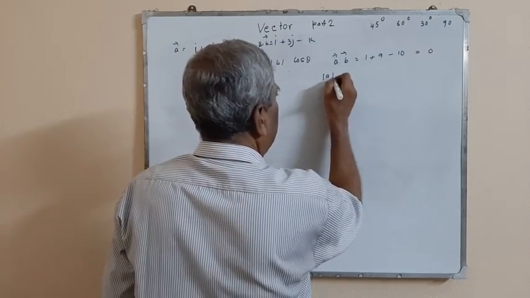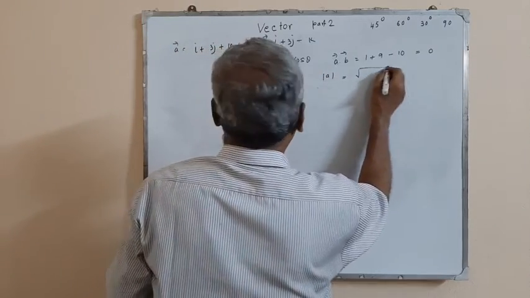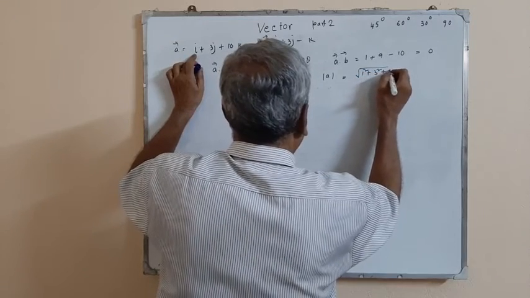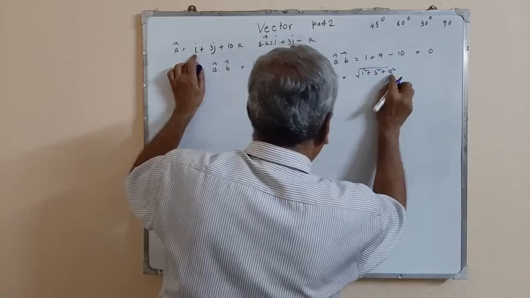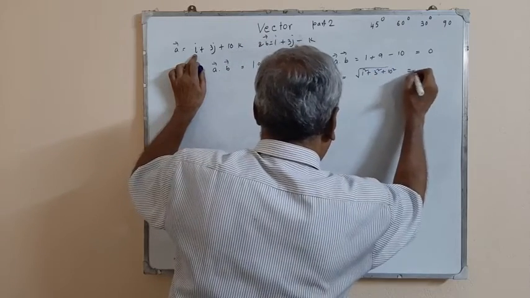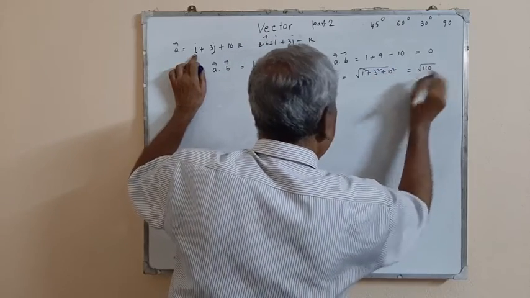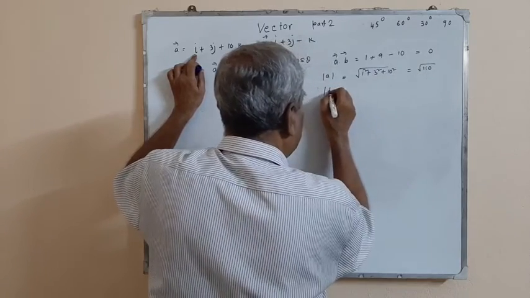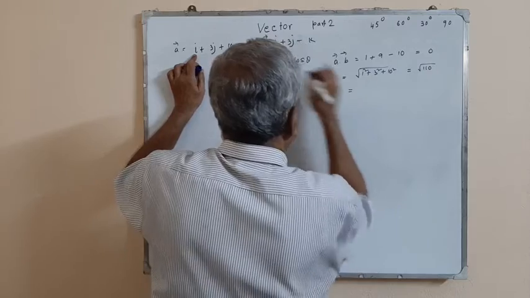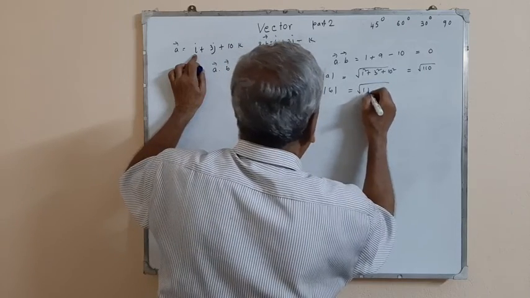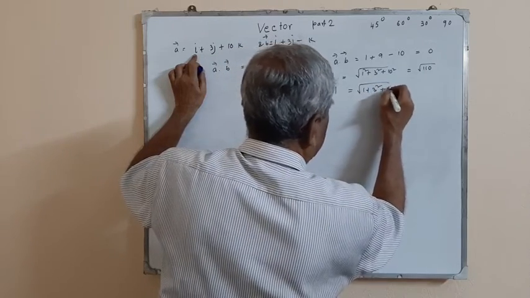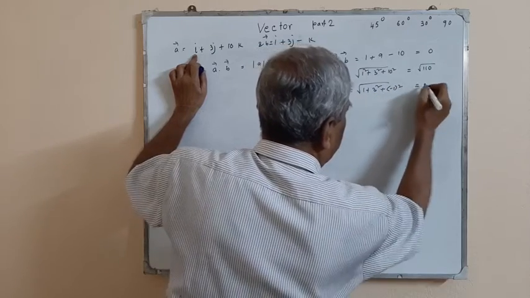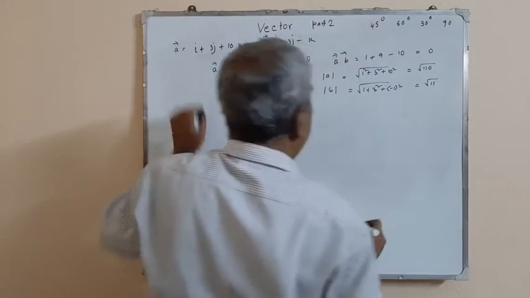Magnitude A is equal to root over of 1 square plus 3 square plus 10 square. That is 110. Anyway, it is a positive, non-zero quantity. Magnitude B is equal to root over of 1 plus 3 square plus minus 1 whole square. It is 11. This is also a non-zero quantity.